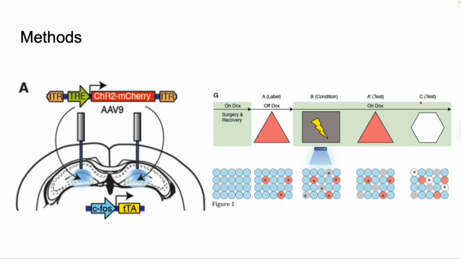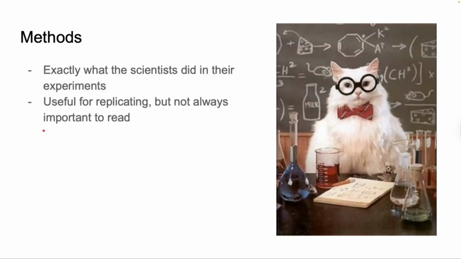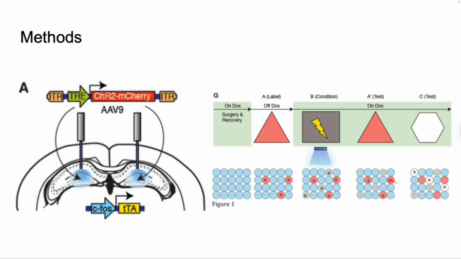That's really what they're talking about in this context B. They're activating these engram cells for context A while they deliver the foot shock, and they're seeing if that can result in the creation of a false fear memory for the context in which foot shocks were never delivered. So they're seeing if that creates a fear memory, so they have more freezing or avoid the context A, which was paired with the foot shock.